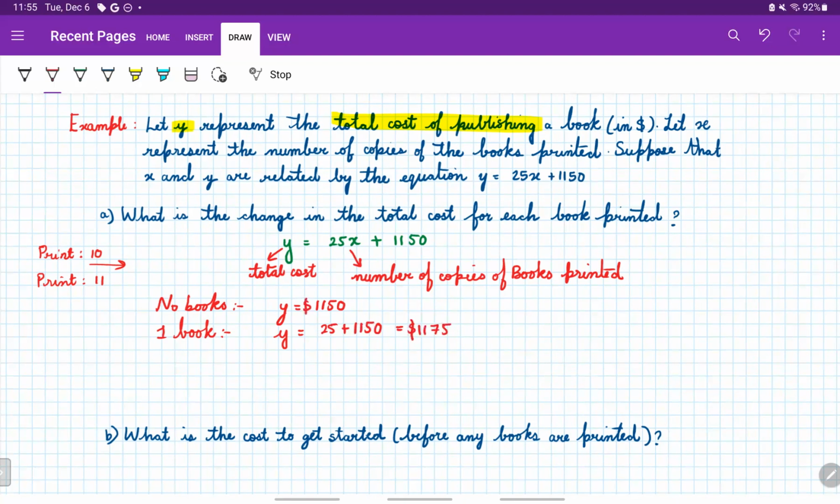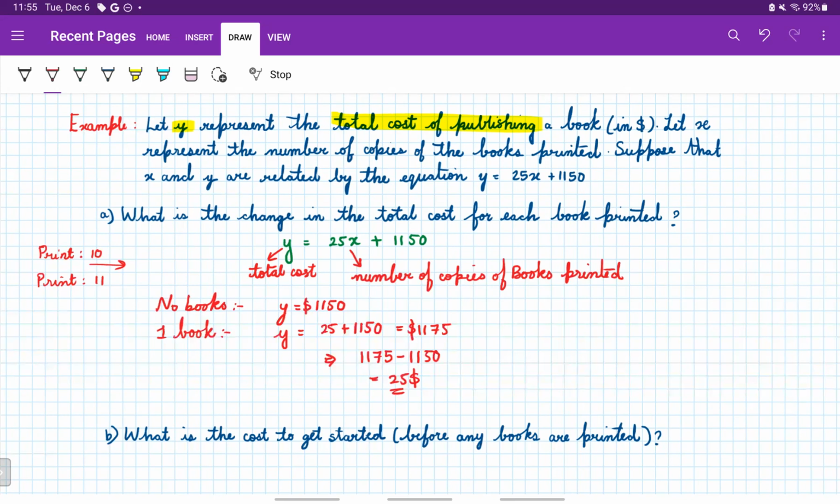And now we want to know the change. That would be 1,175 minus 1,150, which is $25. So that is the change. So this is a way where you can plug in numbers and solve this problem.